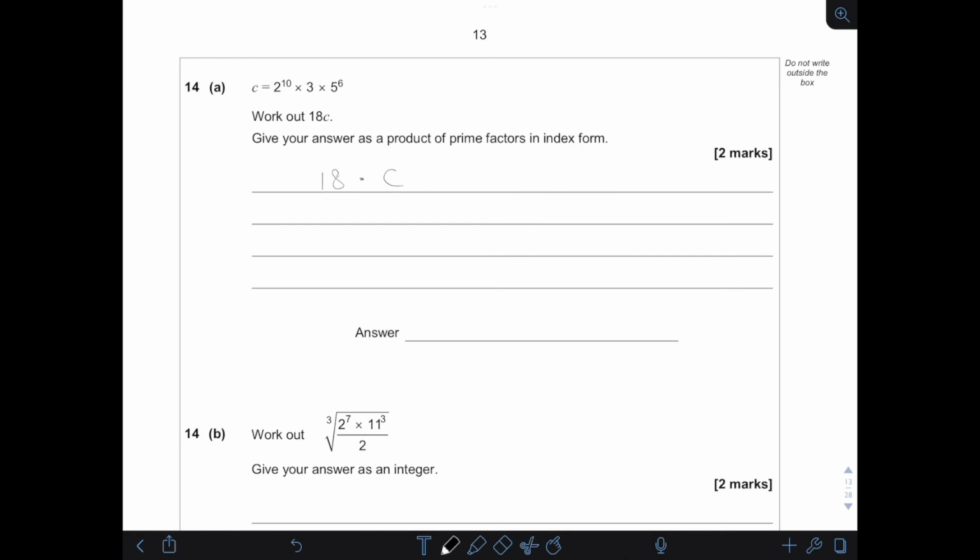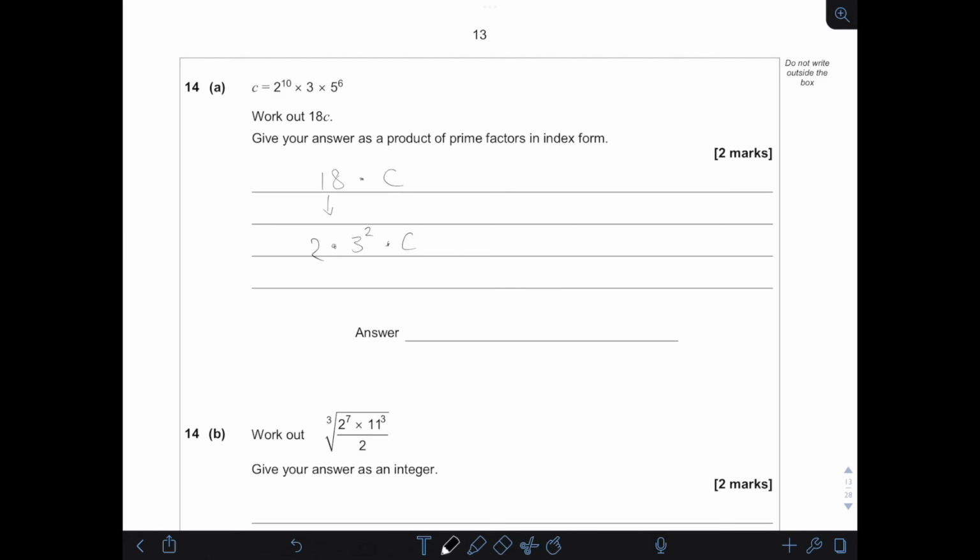So you want to break 18 down into its prime factors. So we know that 18 is 2 times 9, which is 2 times 3 times 3, right?